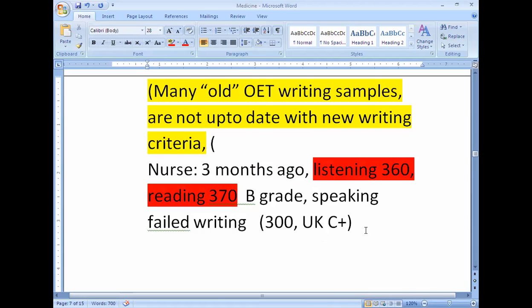This happened to many doctors also, who were taking OET for the first time. They passed speaking, they passed writing, but they failed listening or reading. So even if you pass one module one time, you should focus on all modules equally for the next attempt.